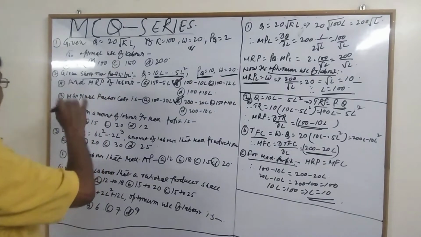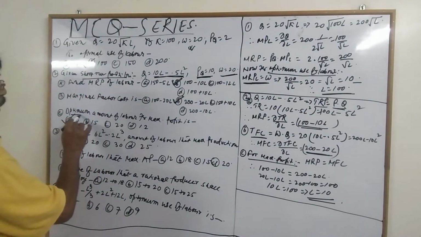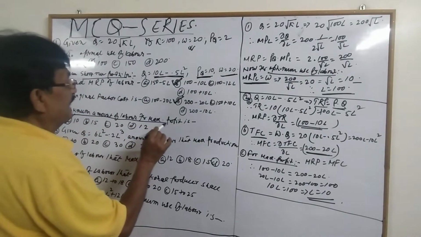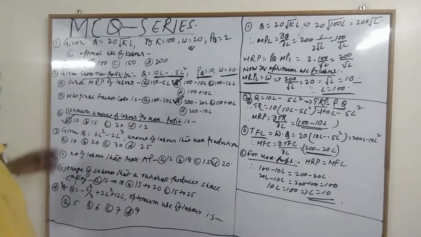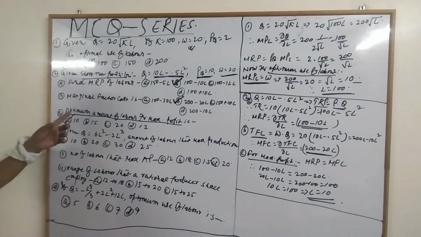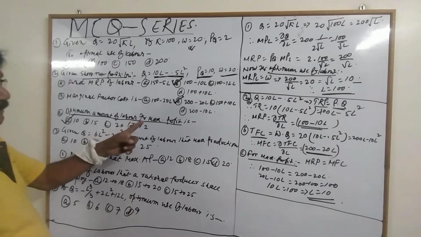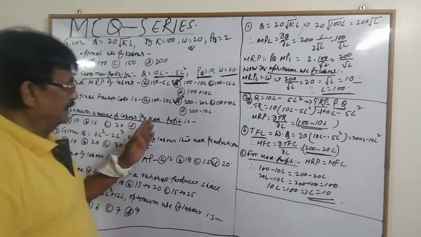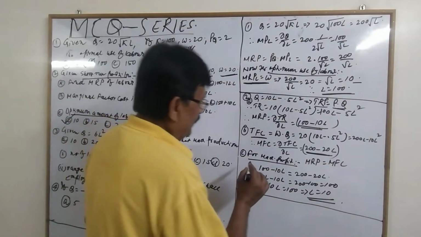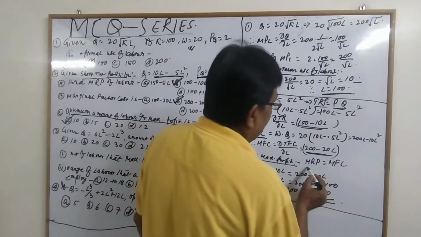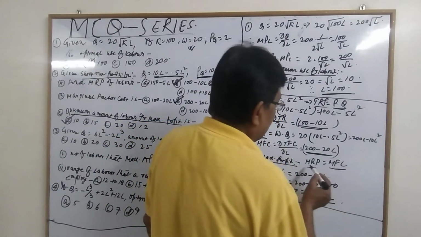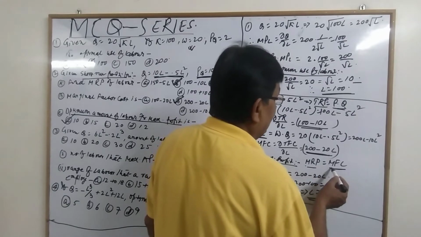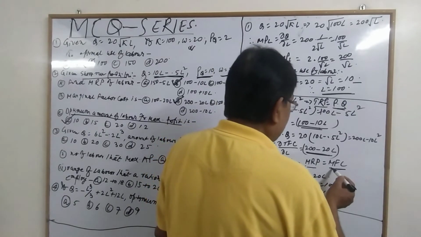Thirdly, in connection with this question, it has been asked to find the optimal amount of labor for maximum profit. The rule says that for maximum profit we have to equate MRP with MFC, marginal revenue product must equal marginal factor cost.